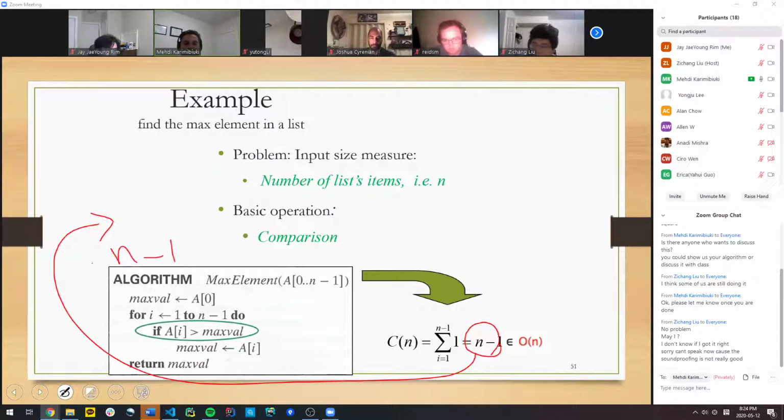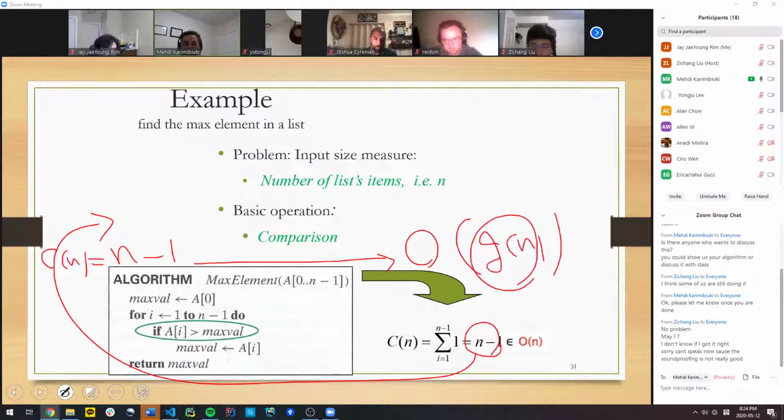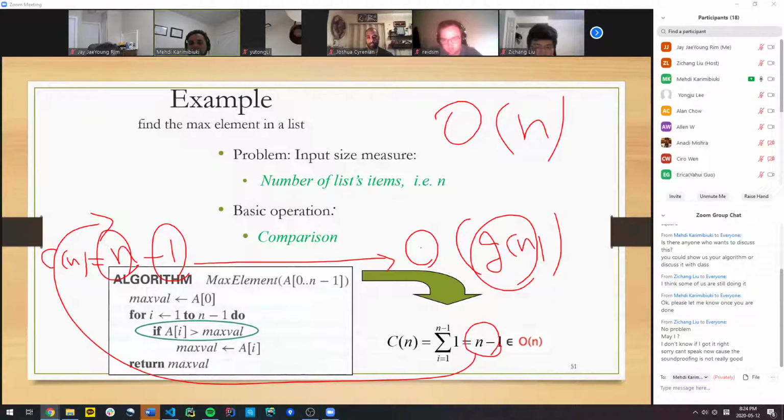So n minus 1 is our C(n), and we want to show that in O(g(n)), and g should be the upper bound, right? So we have to see if n is growing faster or 1 is growing faster. Obviously, n is growing faster. So in this example, with big O notation, the order of growth for the upper bound for this algorithm is O(n), right? It's a linear approach. Okay.